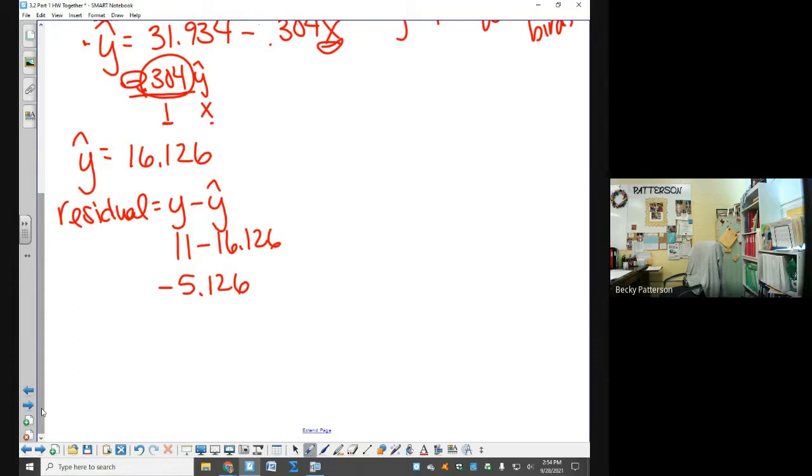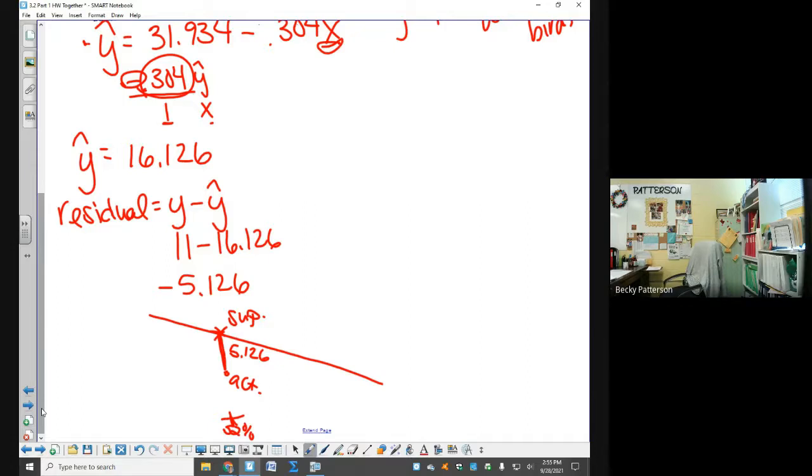Guys, picture the line. This drop right here is your 5.126. This is what was supposed to happen. This is what actually happened. And this is all at 52% of the birds returning. When 52% of the birds return, there were actually 5.126 fewer adult birds than predicted.